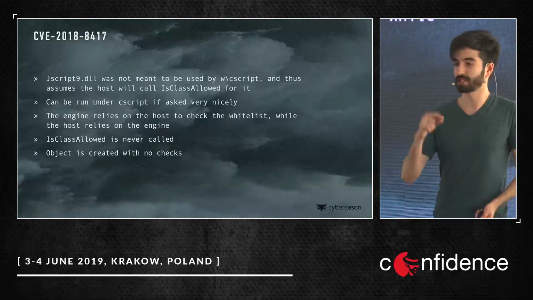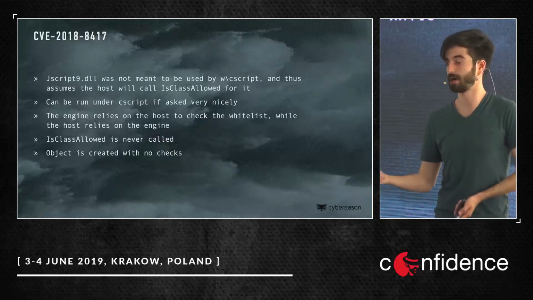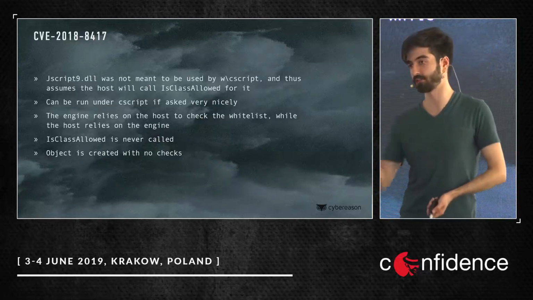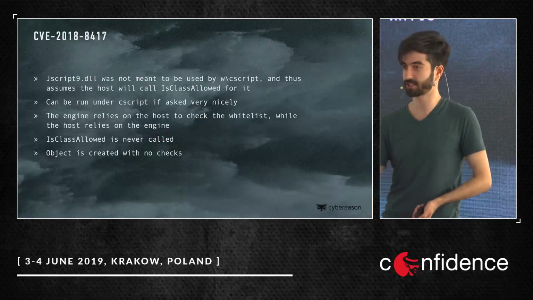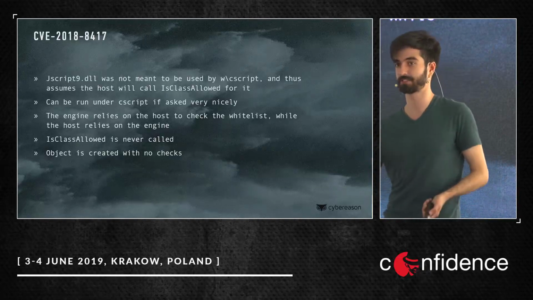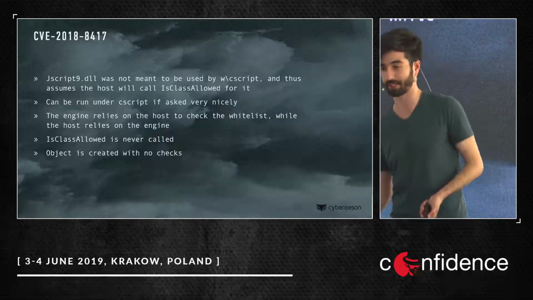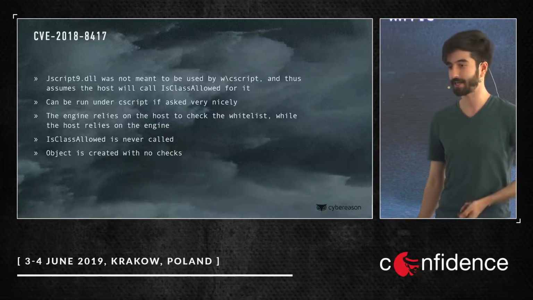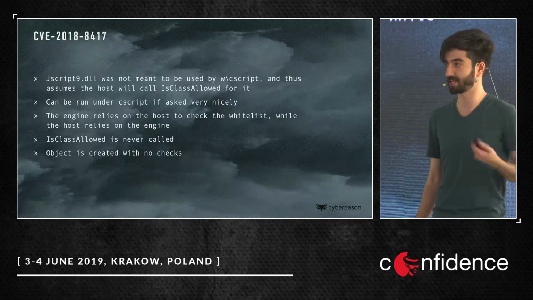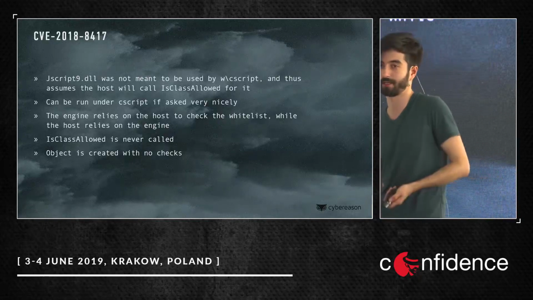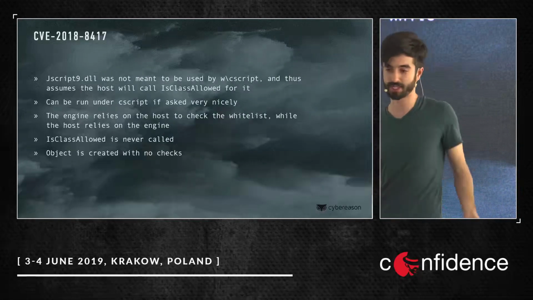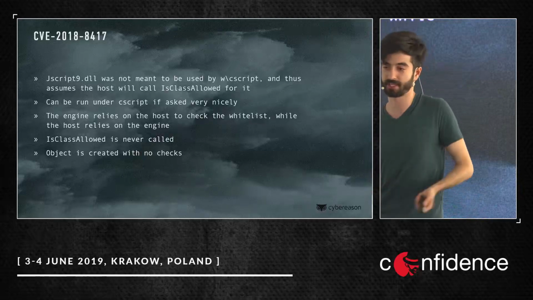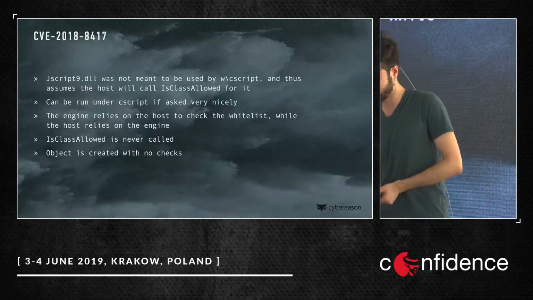So if I'm trying to run it under CScript, JScript9 never checks is class allowed. CScript just gives the pointer to is class allowed and says, the engine will check it. So it never checks by itself, meaning that is class allowed is never called. Nobody checks for the validity of the COM object, and I can create pretty much anything I like under CScript.